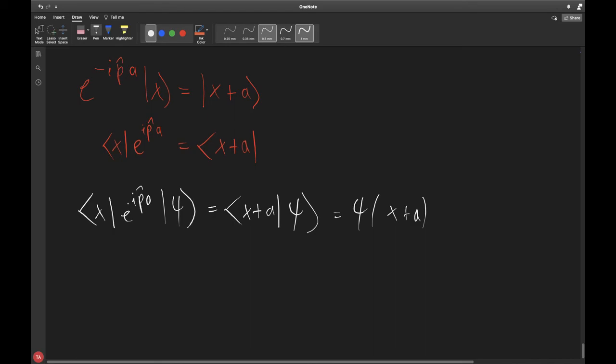So what we can do now is expand both of these terms. So, Taylor expansion.